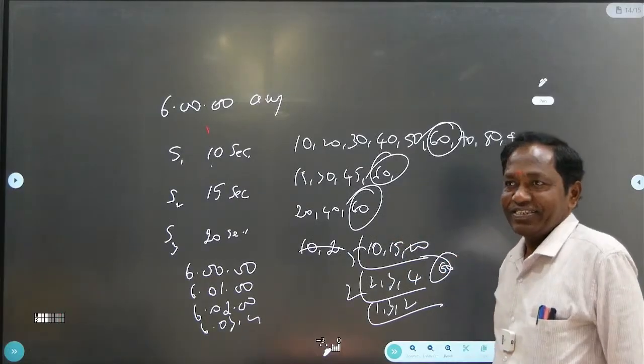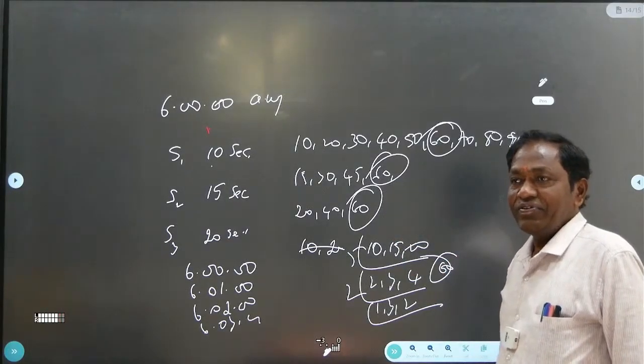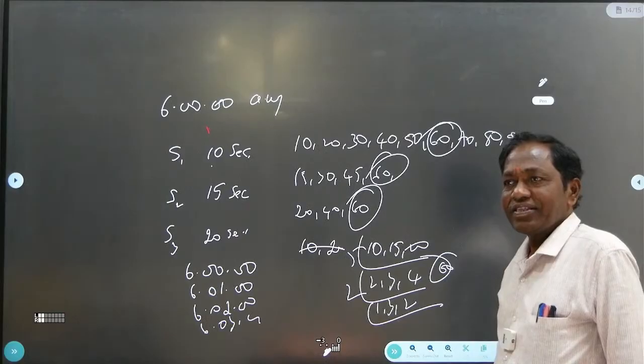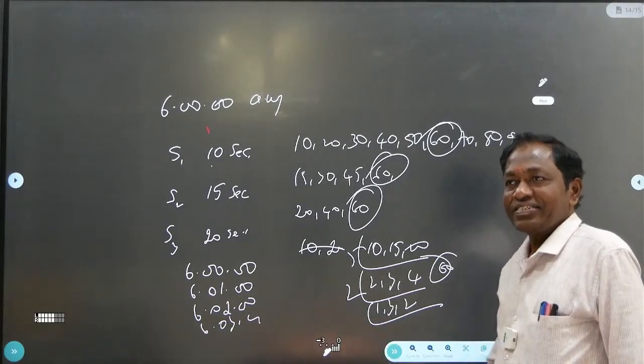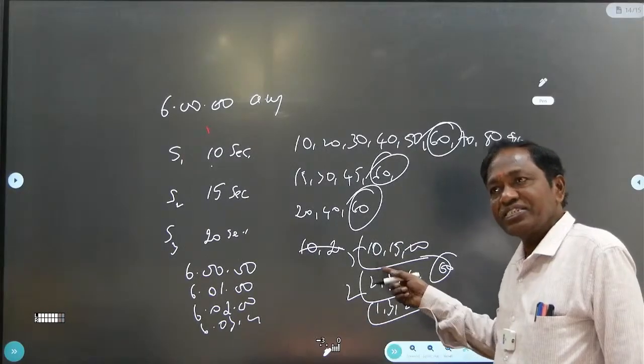So 61 times? You should not consider 7, as 7 is already taken.